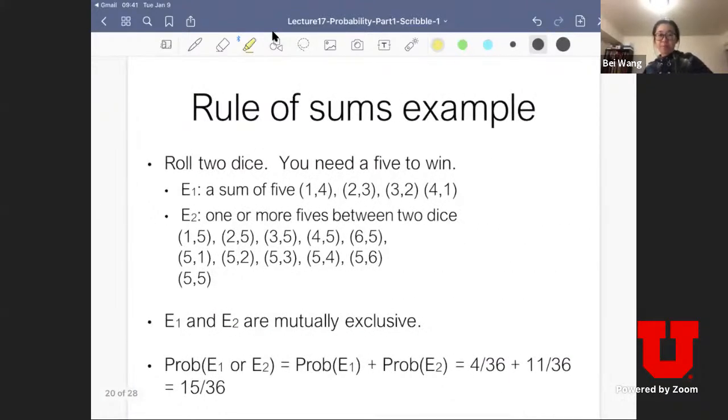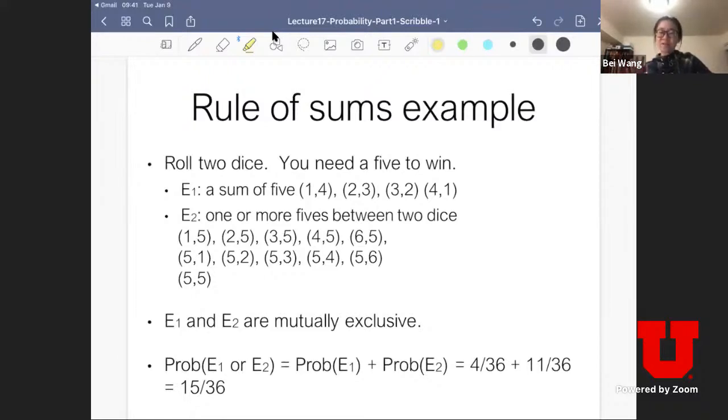Let's give an example. If I now roll 2 dice and you need a sum of 5 to win. So you need a 5 to win. There are 2 events where you can get a 5. One, you can get a sum of 5. That is, you can roll a 1 and a 4, or 2 and 3, and the reverse order.